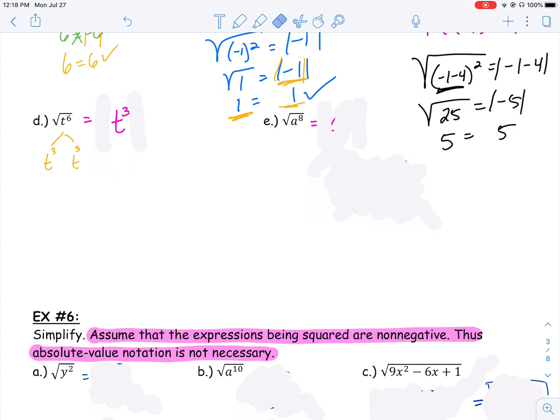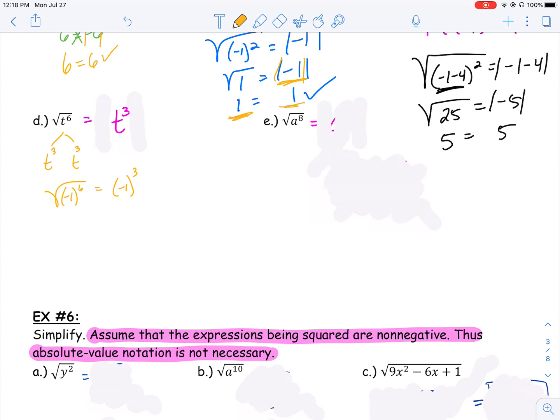But now, if I were to substitute in a number, any negative number, would that statement be true? Well, let's try -1. If I plug in -1 and raise it to the 6th power and then square root it, is that the same thing as -1 raised to the 3rd power? Let's see. -1 to the 6th power, negative times negative times negative times negative times negative times negative.